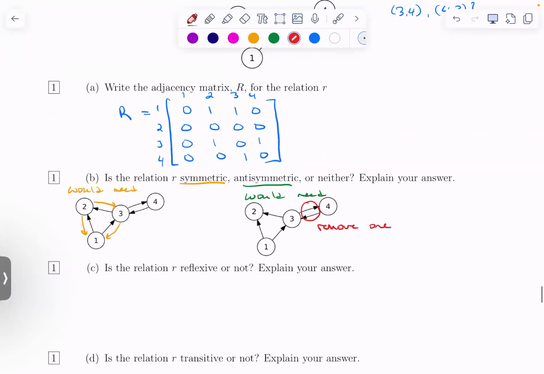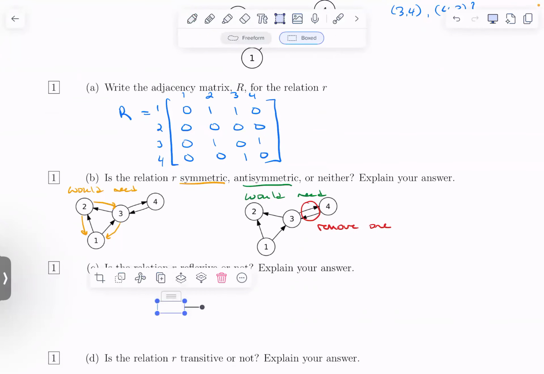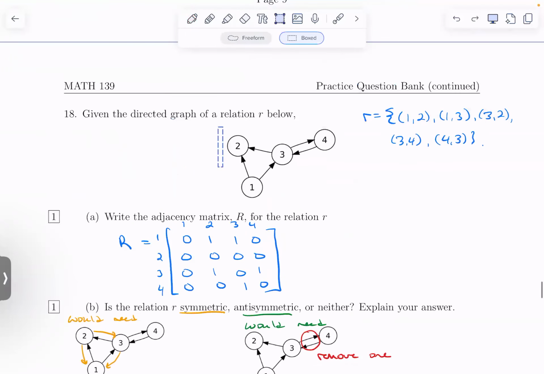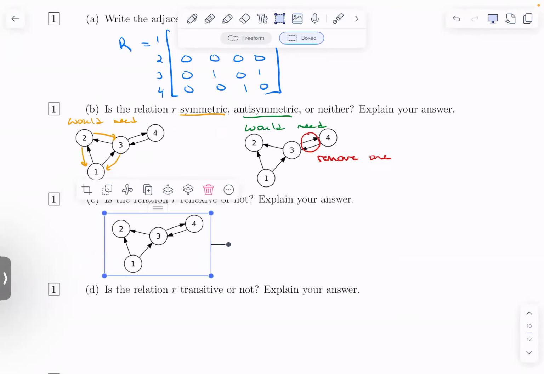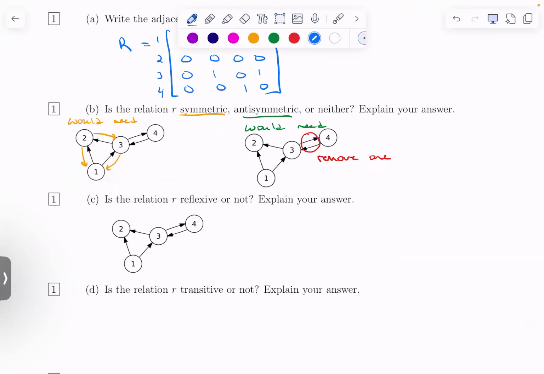No, because there's not a single self loop on here. In order to be reflexive, it would need, no, that's transitive. That's too hard for, still. We would need a self loop, a self loop, a self loop, and a self loop.